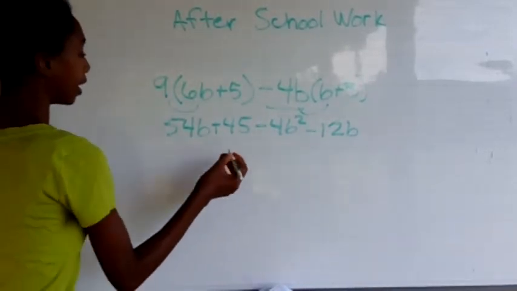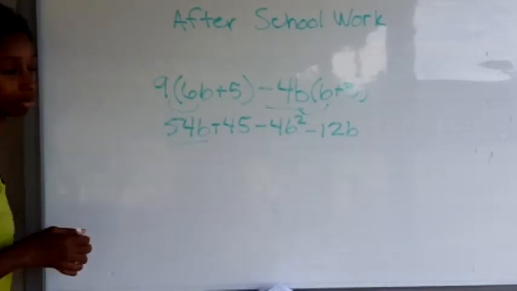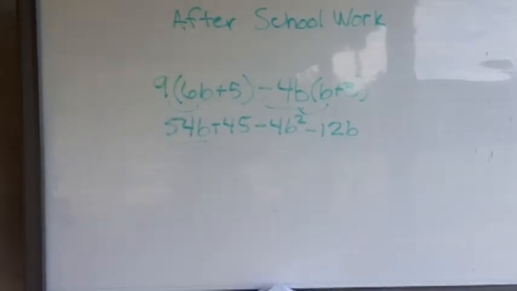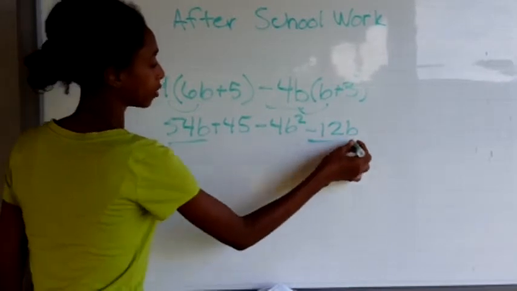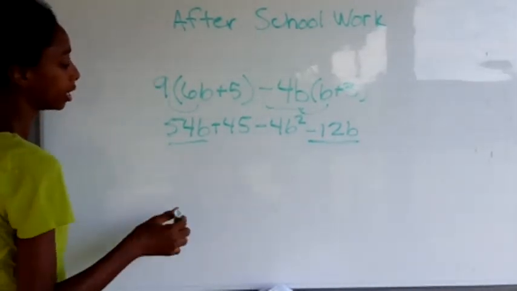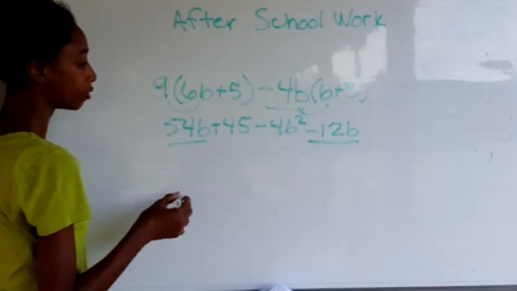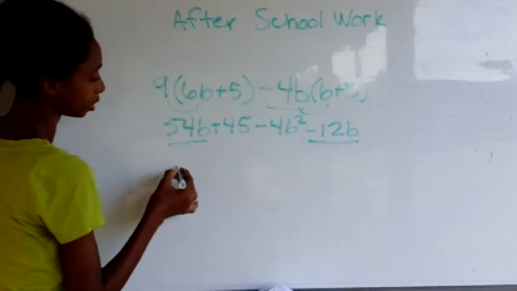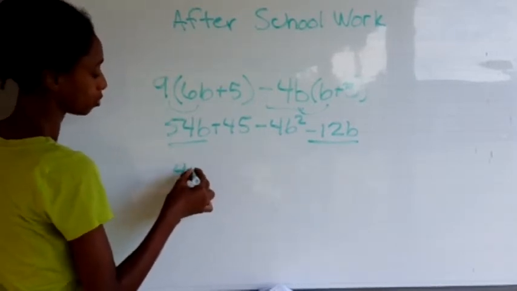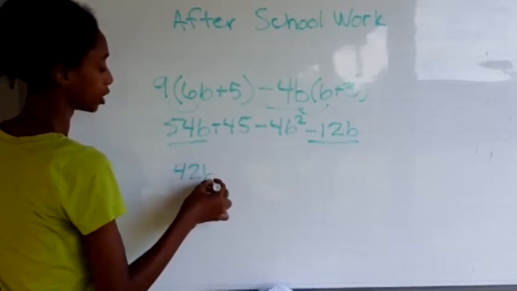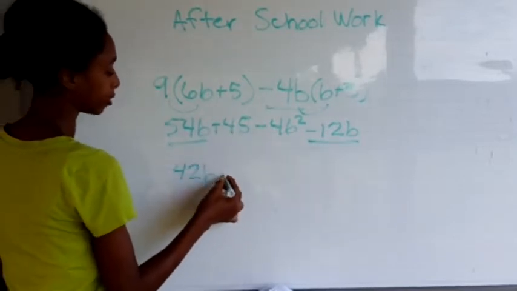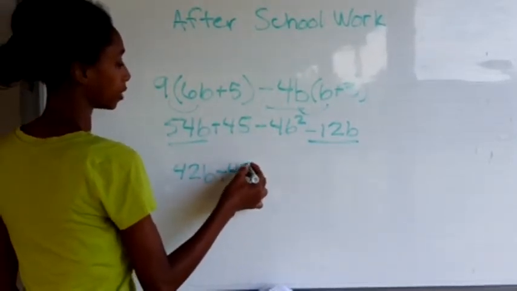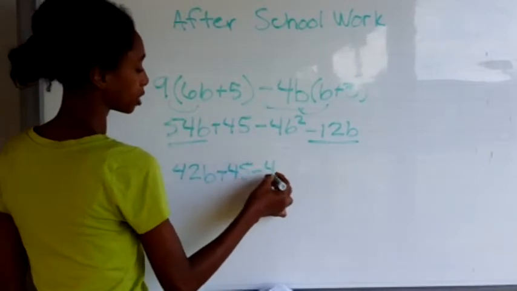Alright, so now we have 54b and negative 12b that we can combine. And so we have 54 minus 12 is 42, so 42b. And then we bring down our positive 45 and our negative 4b squared.